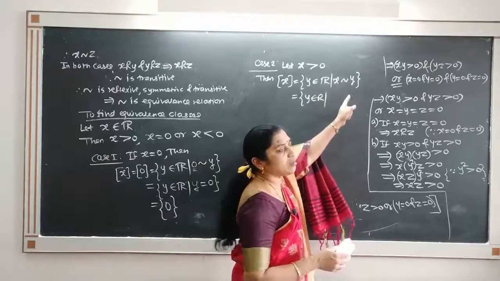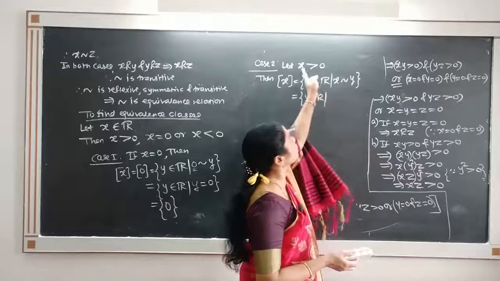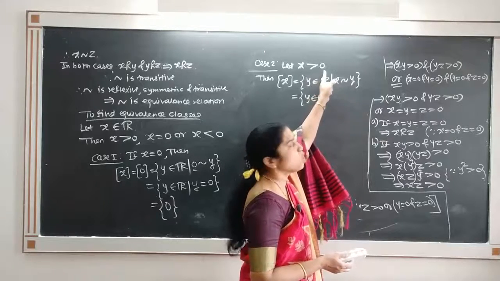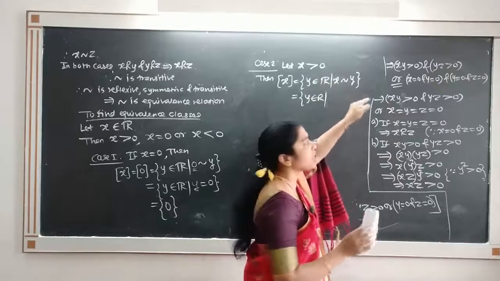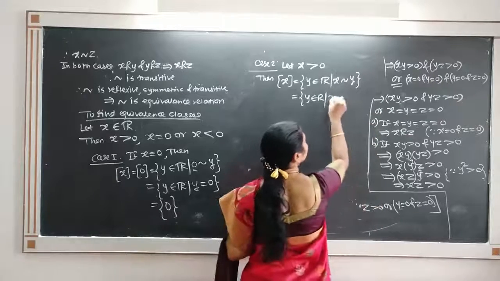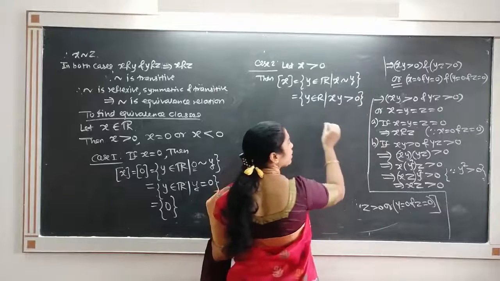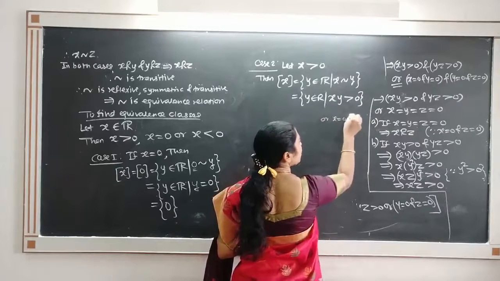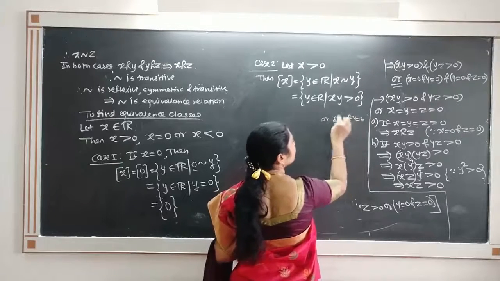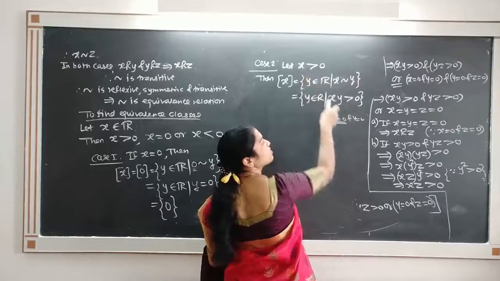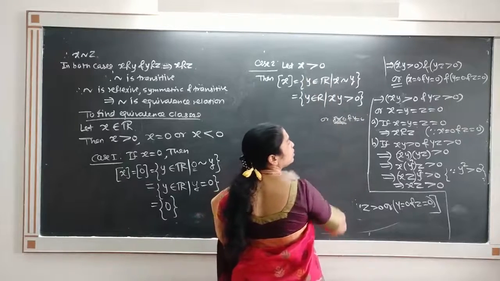But both the numbers being 0 is not possible because we are given x is greater than 0. So the second condition obviously gets cancelled, because it requires x is 0 and y is 0, but this condition fails since x is greater than 0.